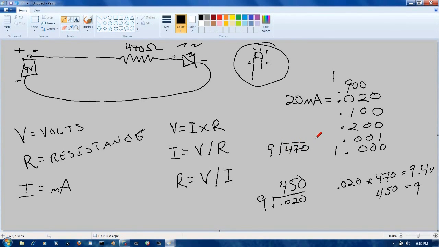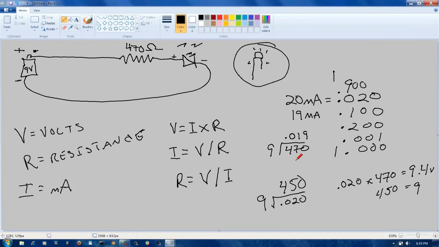And like I said, feel free to use your calculator. It equals 0.019. So we're supplying this, and in the data sheet it'll give you the tolerances. Instead of 20 milliamps, we're supplying it 19 milliamps, and it's lighting up.